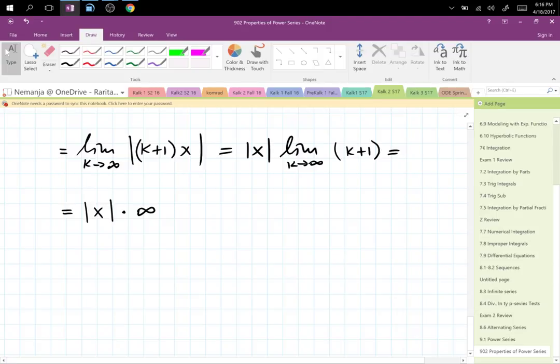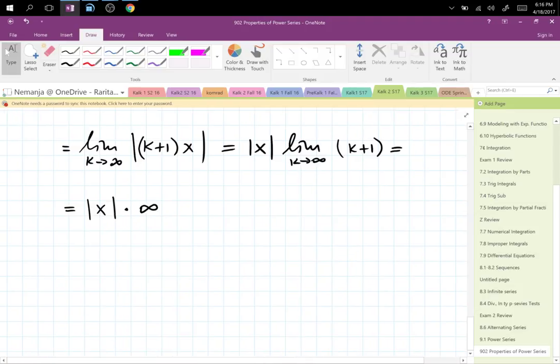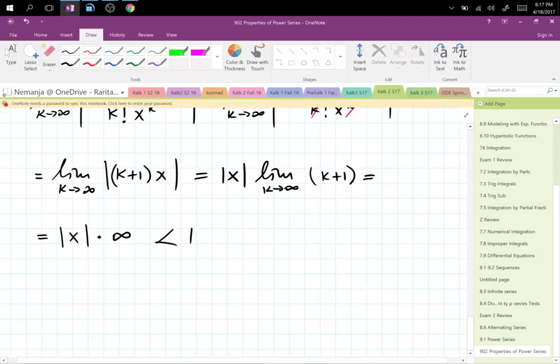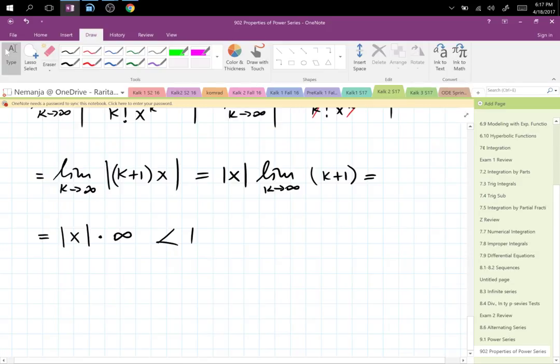Is it possible to make this a 0? Yep. So the only way to get this less than 1 is to get x to be 0.